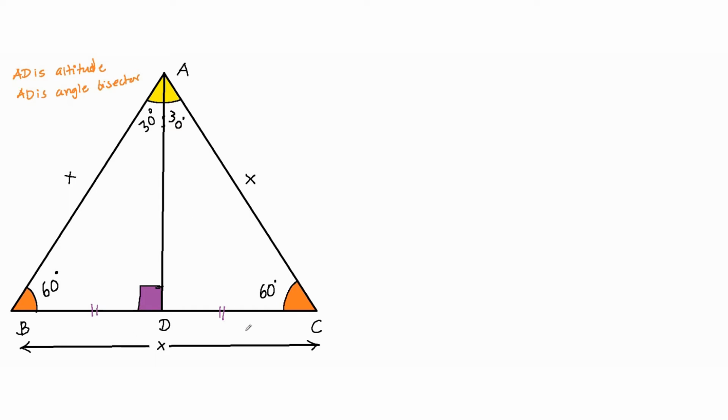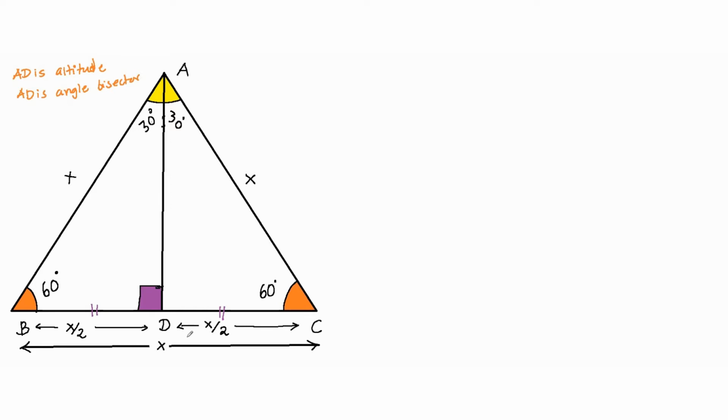So because BD is equal to DC, the whole length of x, the base, can now be divided into two equal parts. So BD is therefore going to be equal to x upon 2, and DC is also going to be x upon 2.